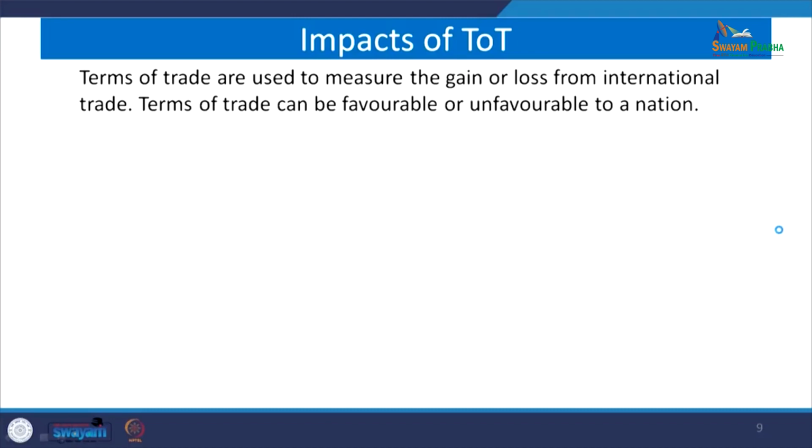Now, so far we discussed determinants and some problems related to measurement, and now I am emphasizing the impacts or effects of terms of trade. We have already discussed favorable or unfavorable. Usually terms of trade is used to measure gain or loss in the international trade basket, so it is interpreted as favorable or unfavorable.